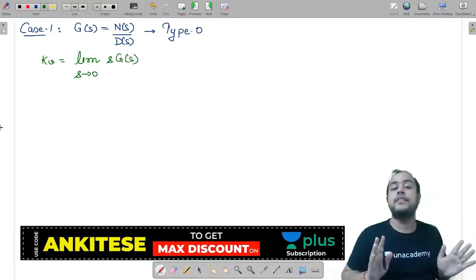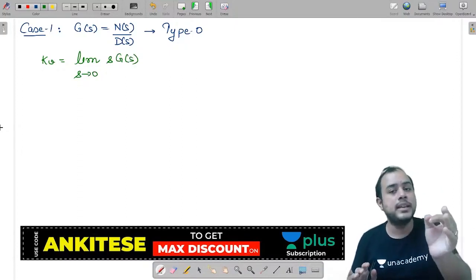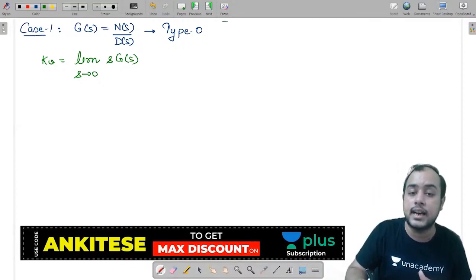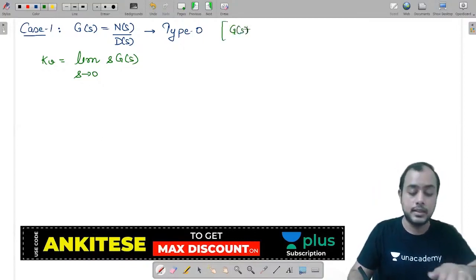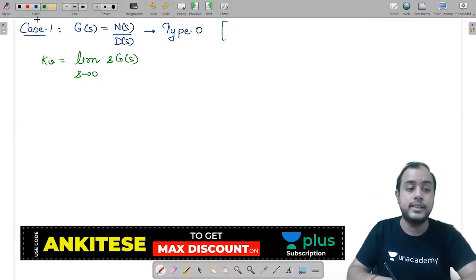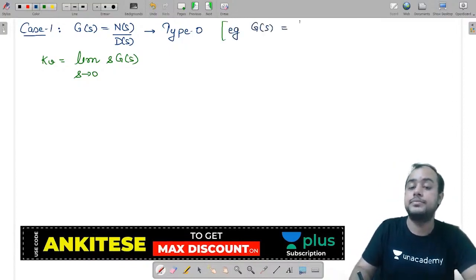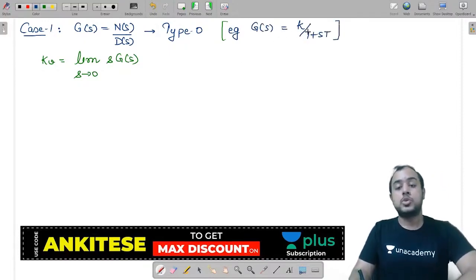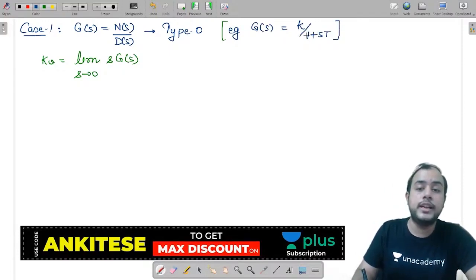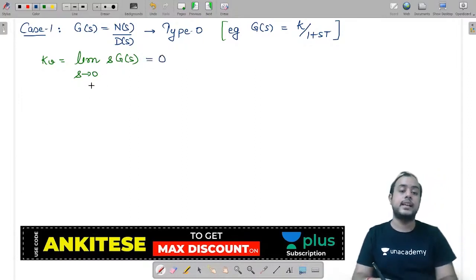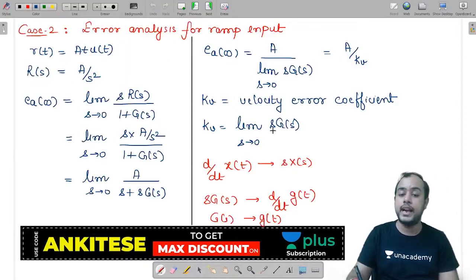Now G(s) does not have any pole at origin, s does not come in the denominator of G(s). Let me take an example, suppose like this. If you take s equal to 0, it is K, but due to this s it will become 0.